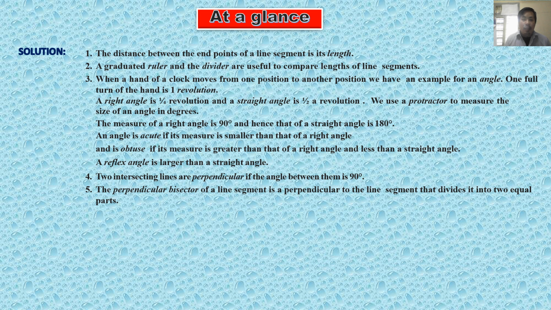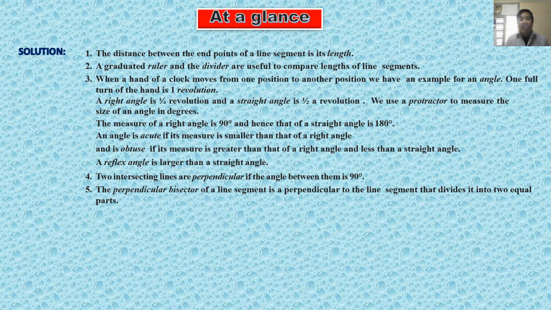The perpendicular bisector of a line segment is a line perpendicular to the line segment that divides it into two equal parts. When you talk about a line that is only perpendicular, it may join at different points of the line. But if it is a perpendicular bisector, the perpendicular line will join at the point where it divides the line segment into equal parts.